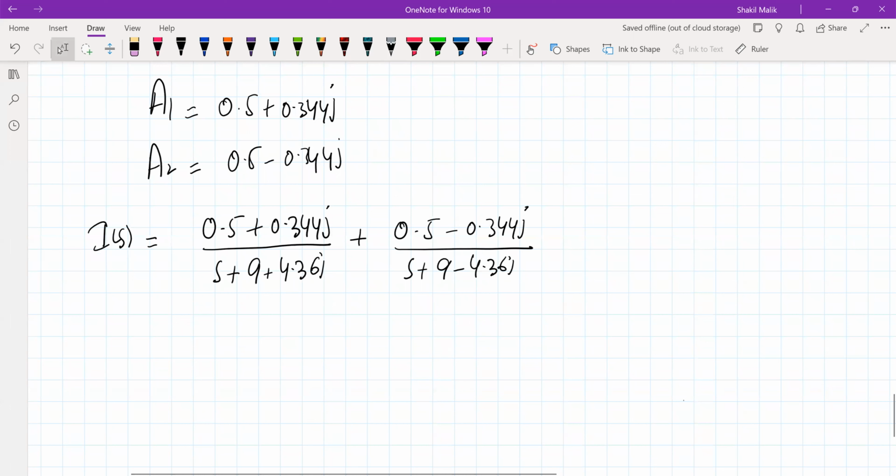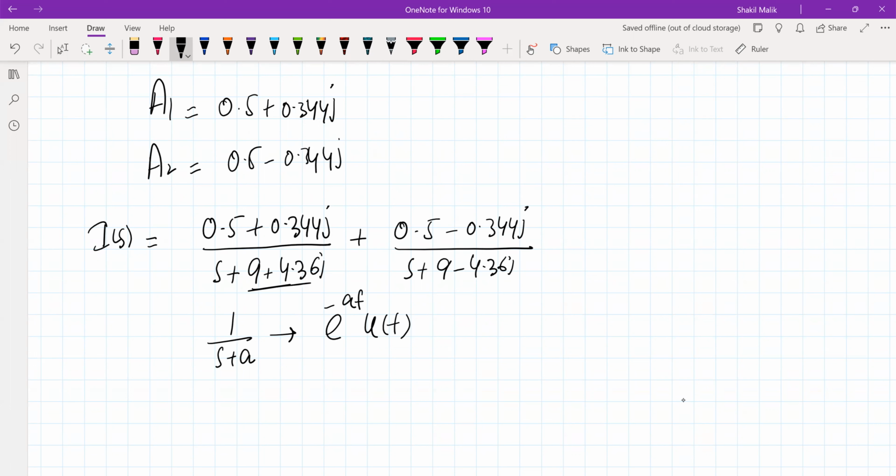Now we have this in the form of 1 over s plus a, so we can write it as the inverse Laplace transform of e to the power of minus a t u of t. The only difference is a is a complex number here.